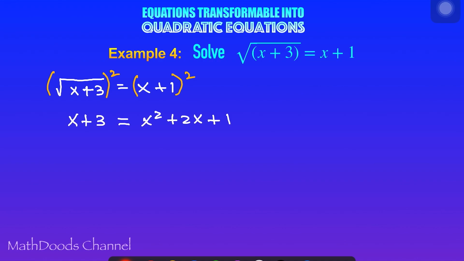Tapos, transposition ha. Negative x squared plus x minus 2x plus 3 minus 1 equals 0. Simplify.